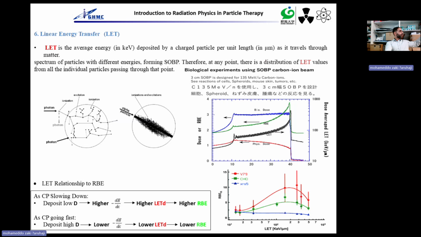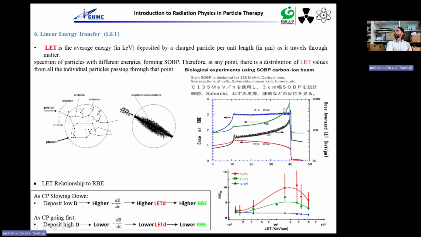For photon, I think it's 2, but even if it's 2, the main point is that RBE is not changing, no fluctuation. In carbon, RBE is changing.